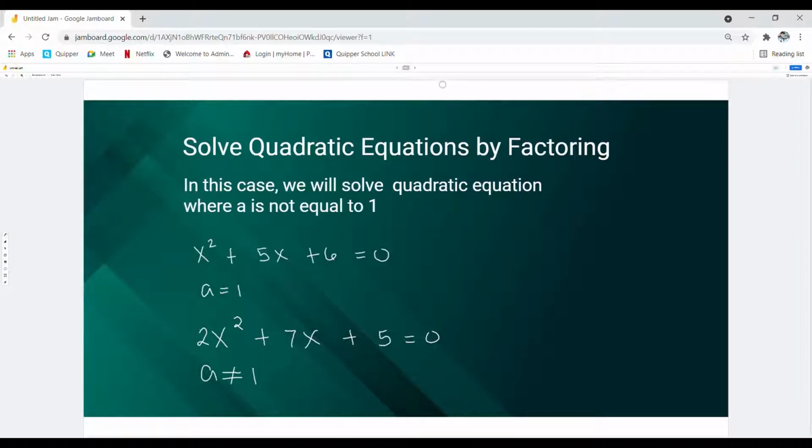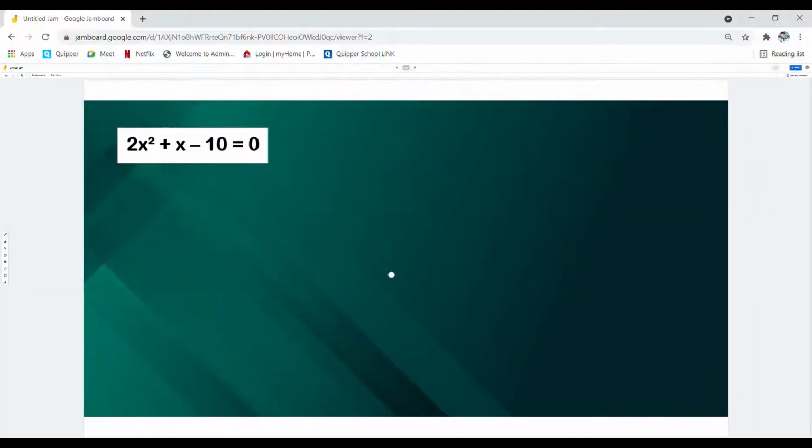So that we will understand, let us have examples. For example, we have 2x squared plus x minus 10 is equal to 0. Our a here is equal to 2, so it's obviously not equal to 1. Our b here is 1, and our c is negative 10.